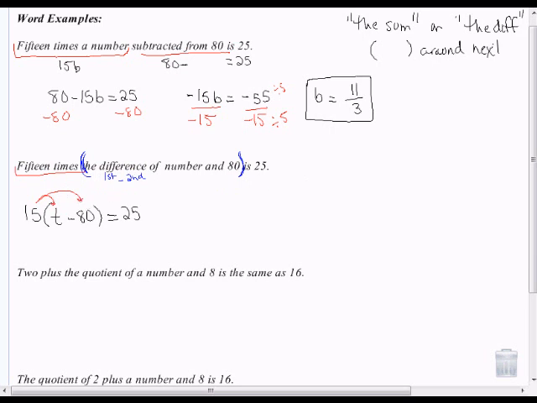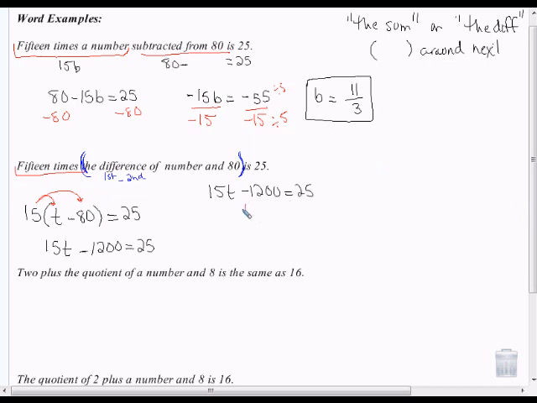I'm going to multiply that 15 in. Anybody have a calculator and want to do 15 times 80 for me real quick? Yeah, 1200. Okay, so I have 15t minus 1200 equals 25.